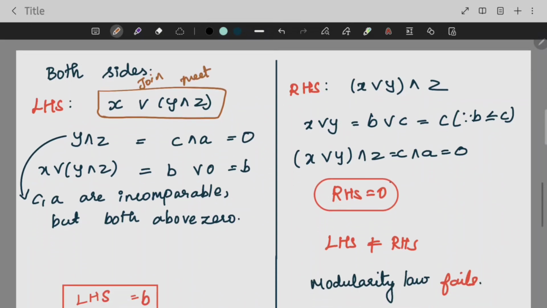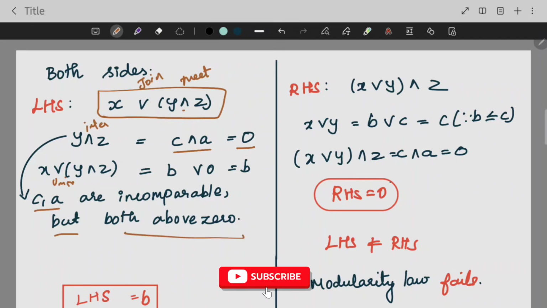Now, for our easy understanding, we say meet as intersection and join as union, as we know before, just to understand. Y intersection Z is equal to C intersection A, which is 0, since C and A are incomparable but both are above 0.